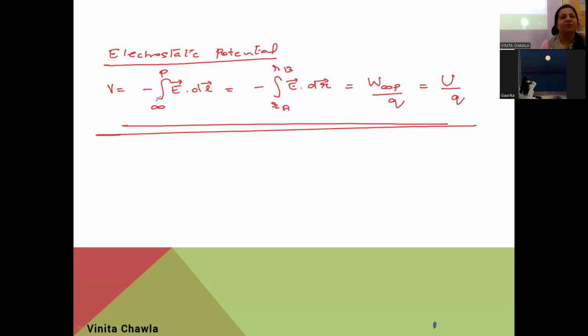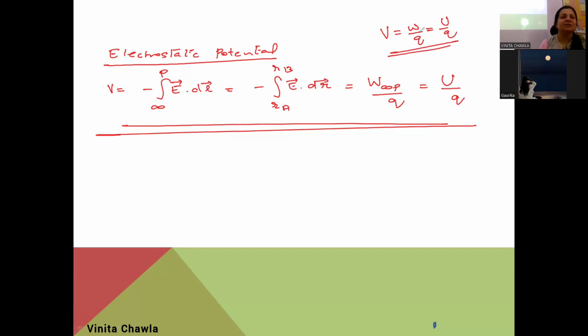So this is the case when we are moving the charge from infinity to a point P. Then potential is the negative line integral of vector E dot dl, or if you are writing in terms of R, then E dot dr. And this is equal to work done, because electrostatic potential is work upon charge. This we have discussed a number of times.